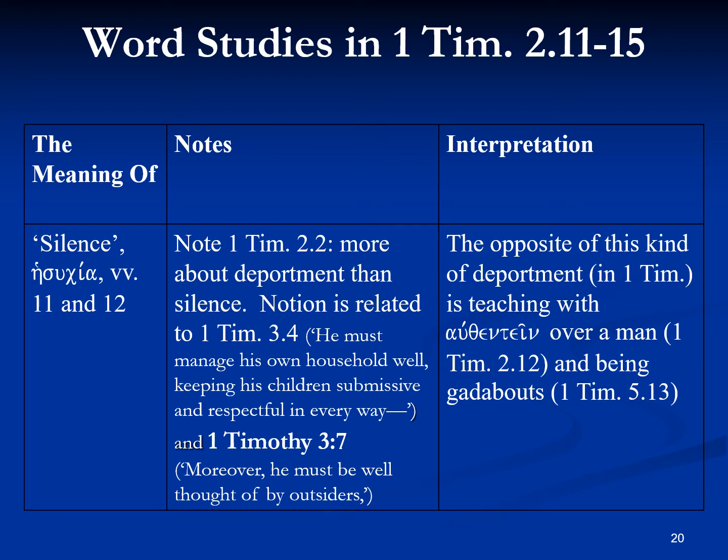In the passage, the opposite is teaching with authentein over a man, whatever that means, another word study to do. Or later in 1 Timothy chapter 5, verse 13, it's the opposite of being gadabouts, going from house to house, gossiping. So hesychia then becomes not just a word study in a lexical sense, but a word study in the meaning that it has in 1 Timothy itself.